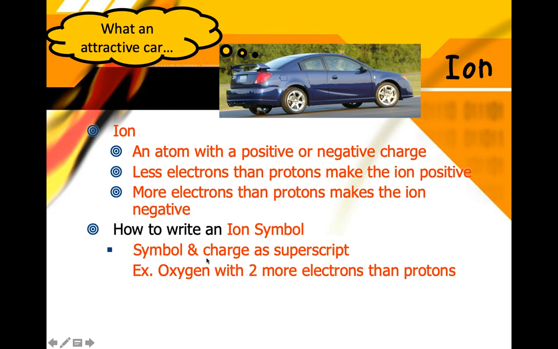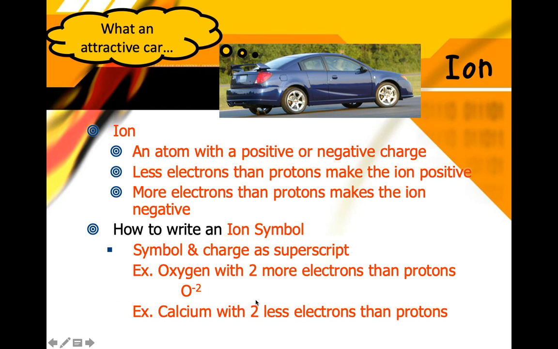So if, for example, I wanted to say that oxygen has 2 more electrons than protons, more electrons means it's negative because electrons are negative. The symbol, if you look on the periodic table for oxygen, is capital O. 2 more negative pieces means it would be a -2 charge. So this tells me that I don't have the oxygen atom, I have the oxygen ion, and it's a negative ion, which means it has more electrons than normal.